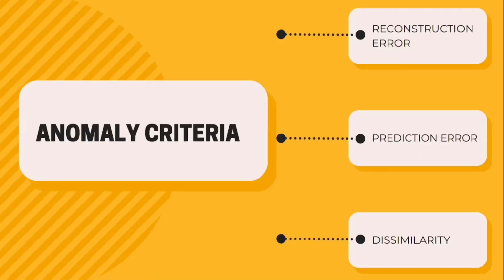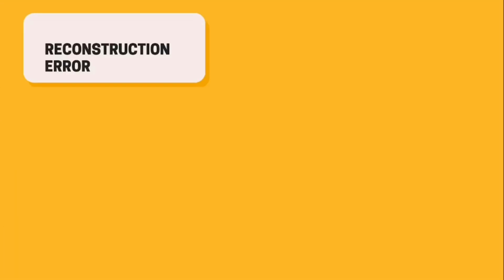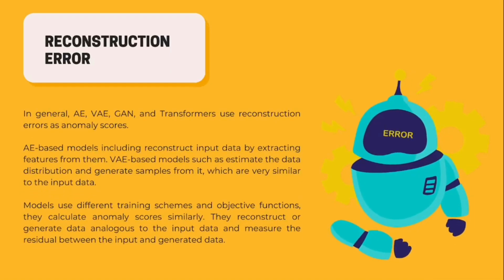Moving on, let's discuss the anomaly criteria. The anomaly can be characterized by its reconstruction error, prediction error, or dissimilarities. Talking about the reconstruction error, as we have discussed already, models like autoencoder and GAN transformers use reconstruction error as anomaly scores.